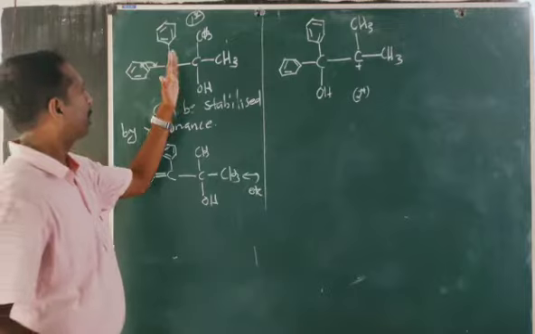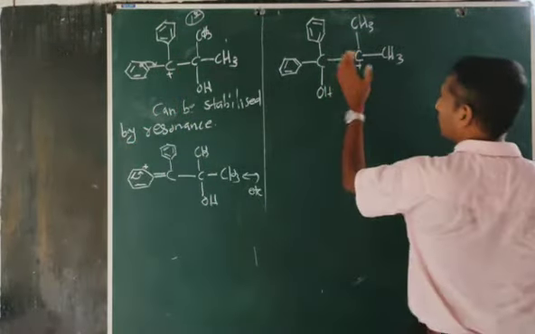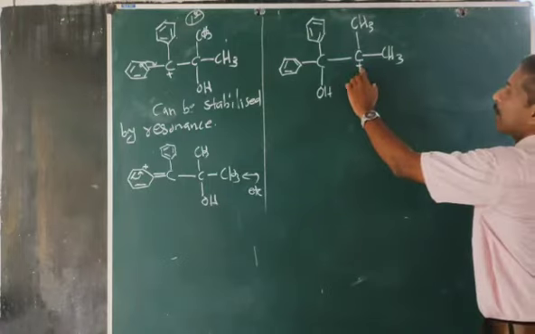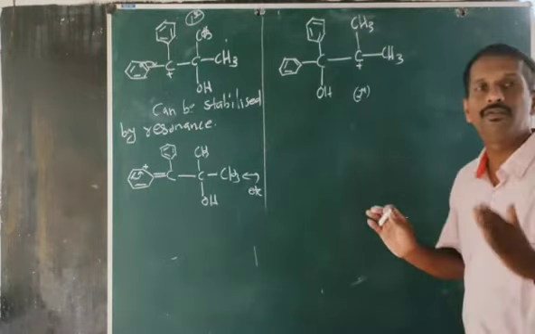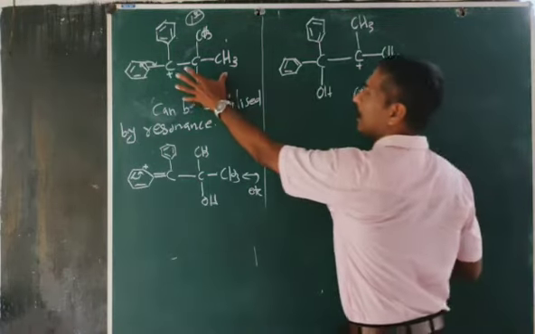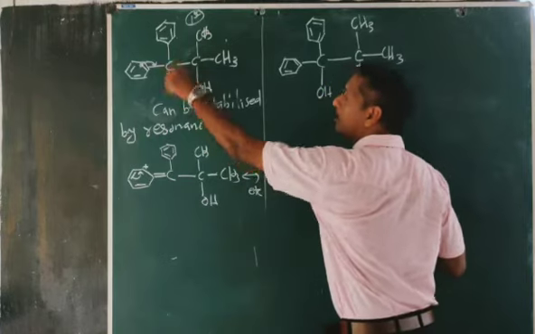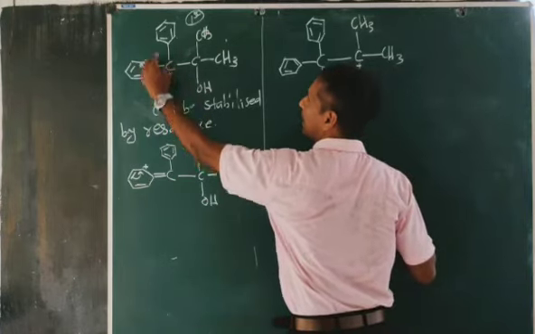So when you compare the stability of this carbocation and this carbocation, in this carbocation, this carbon is attached to a methyl group and there is no possibility of resonance stabilization. So the more stable carbocation is this one, because this carbon can be stabilized by resonance.